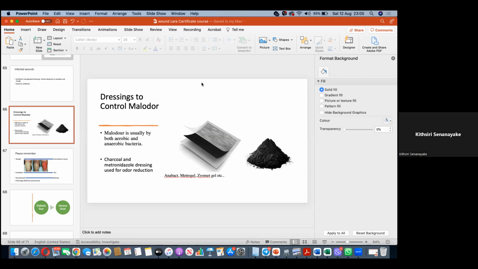Betadine is not as ionized as cadexomer iodine, so it's not a very good antiseptic in that sense, and also it does not remove the slough. So is there no place for betadine ointments in wound care? Ointment is for acute wounds, actually. Betadine ointments are good for acute wounds.